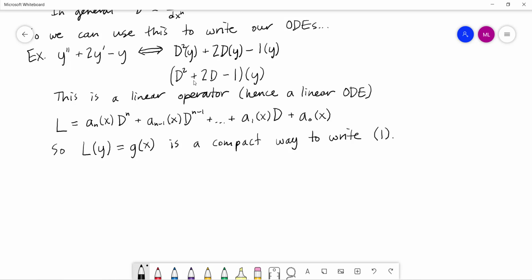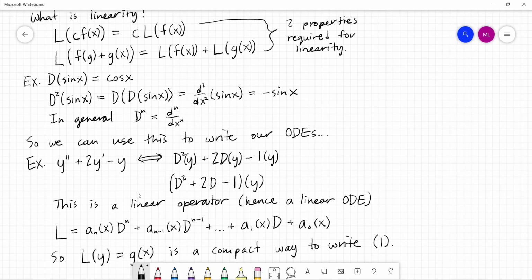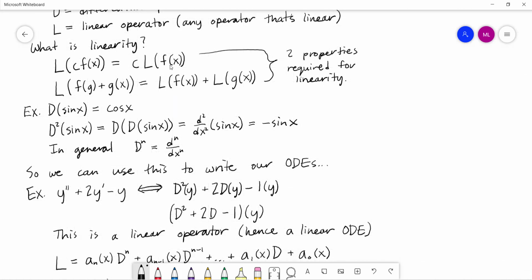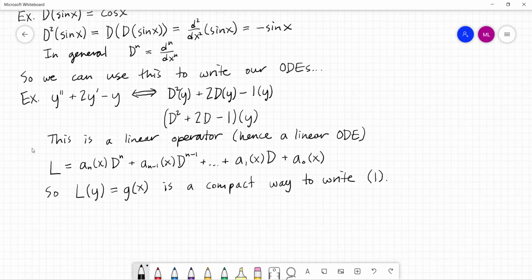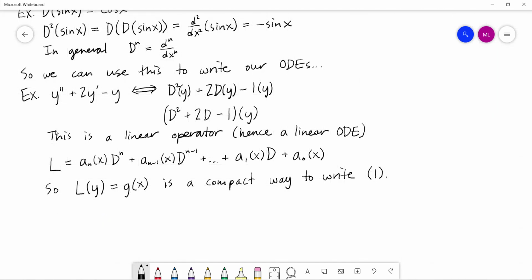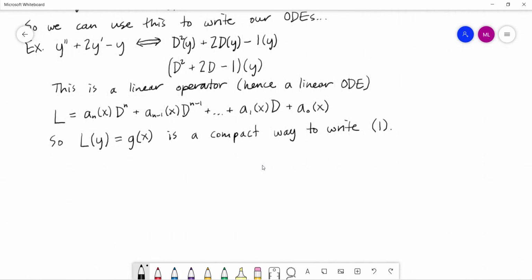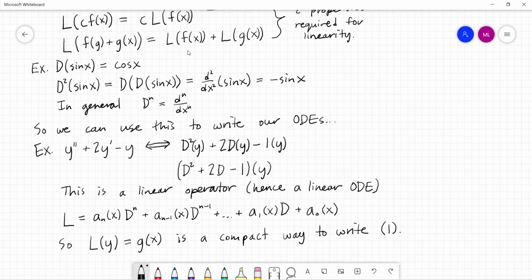But it's going to allow us to show that if we can verify that these two features, these two properties, are satisfied, then our operator is linear. And I could show it for this particular giant operator that we just did, but essentially the gist of it is we know differentiation is a linear operator because differentiation has this property.